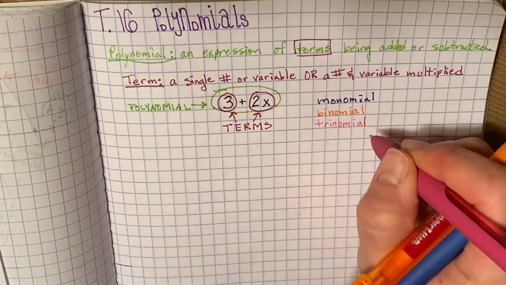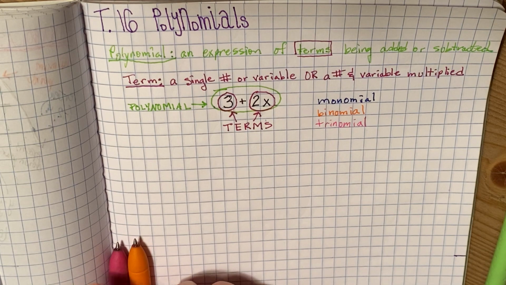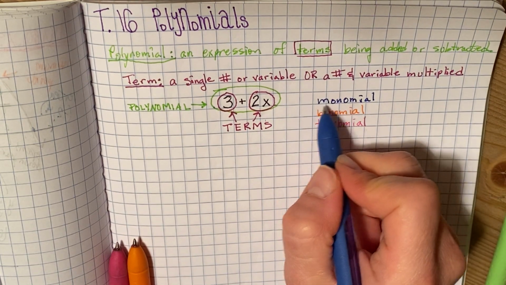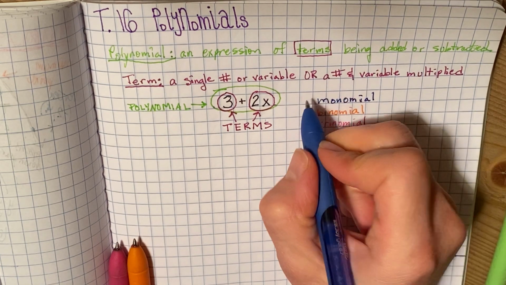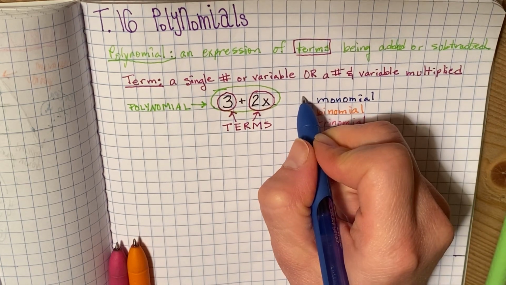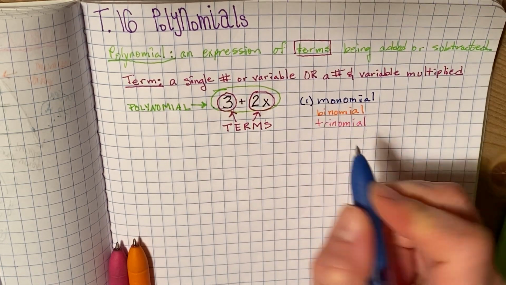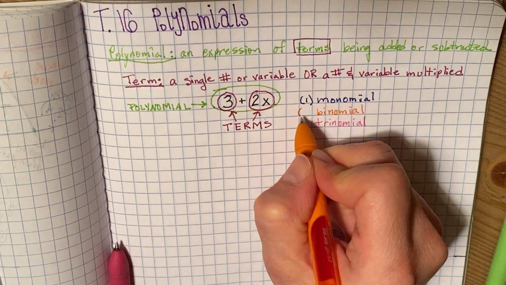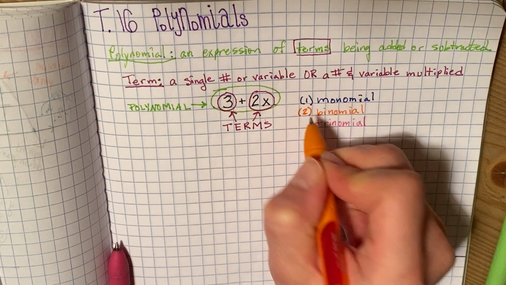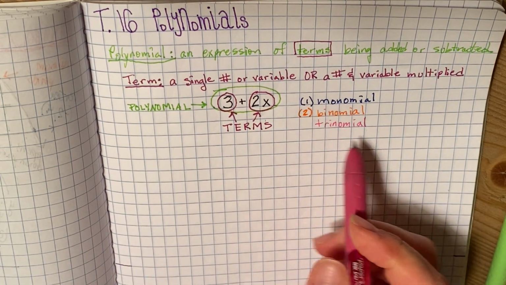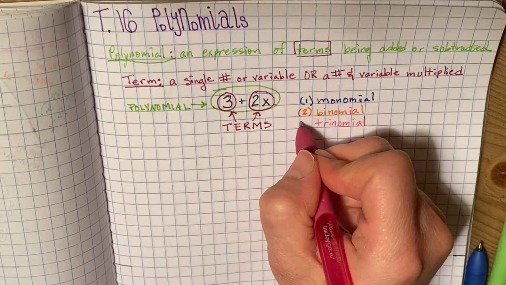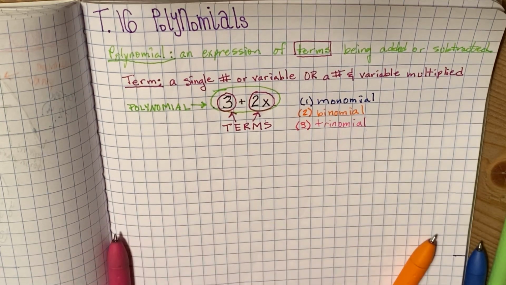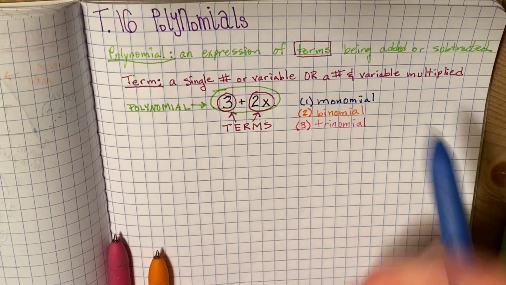Now, these words should sound familiar, right? Monomial, monorail, single thing, right? One. Binomial, what's bi? Bi, think bicycle. Bicycle means 2, okay? And then if you're thinking 3, yep, tricycle, okay? There's 3.